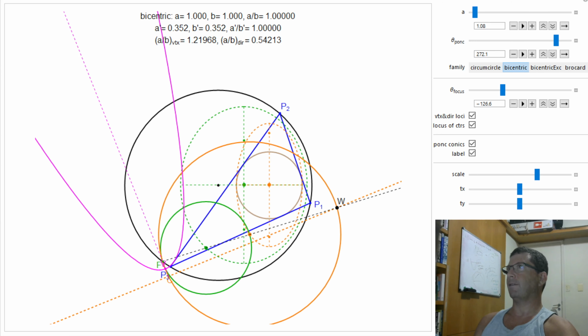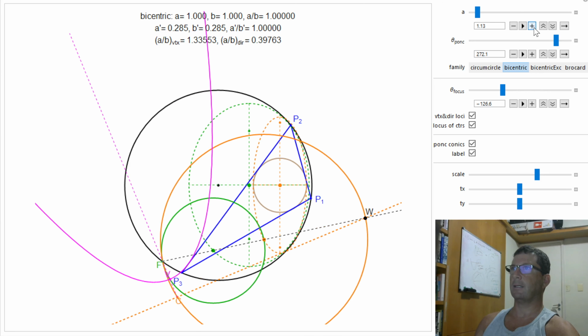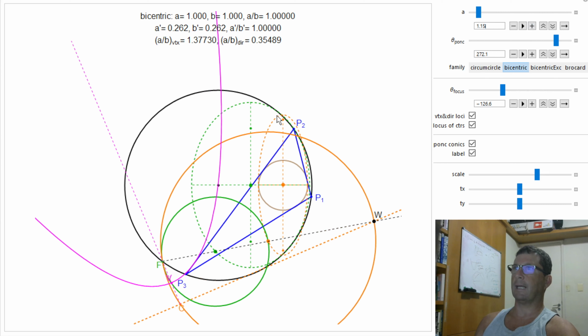Okay, if I vary my bicentric family, I can see that, yeah, these loci can intersect. So this one is not necessarily interior to that one, but its center is always on the incenter, and both ellipses are axes aligned with the OI, so their minor axes are the OI line.